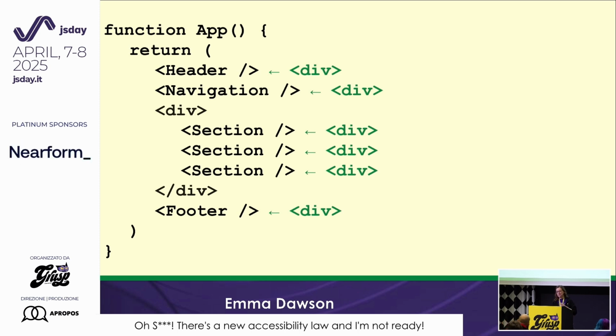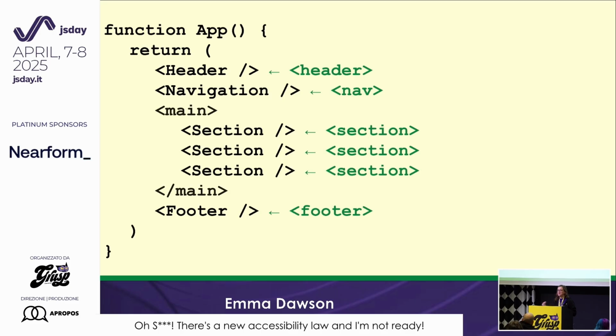If, however, we change out these divs and actually use the semantic elements underneath, so our custom header is made of a header, and our navigation is made of a nav, our footer is made of a footer, screen readers have ways to communicate this to screen reader users, and they have a lot of shortcut keys that they can use on their keyboards, so they could go straight to the footer landmark and find the same information instead of having to go through the entire site.